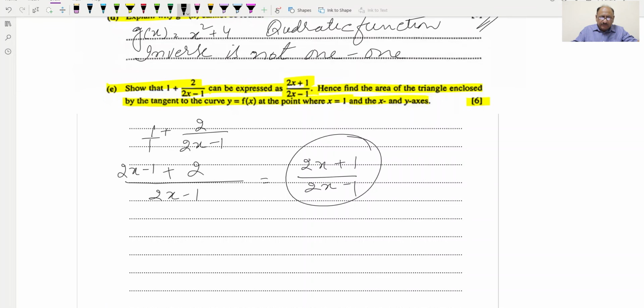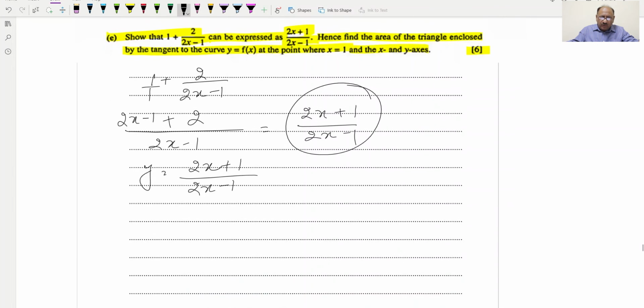Now they are saying equation of the tangent to this. So y is equal to 2x plus 1 over 2x minus 1. We need to find the derivative. So how can we find the derivative? We can rewrite it as 1 plus 2 over 2x minus 1.